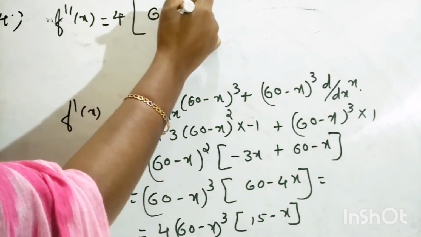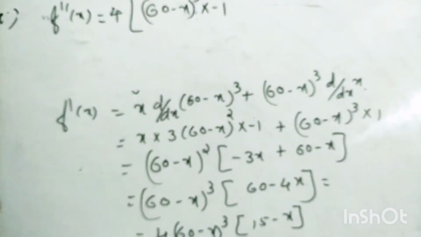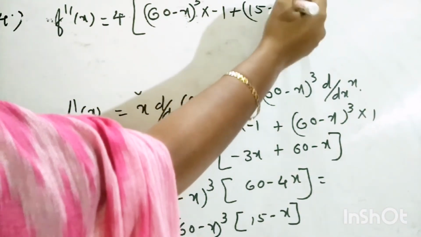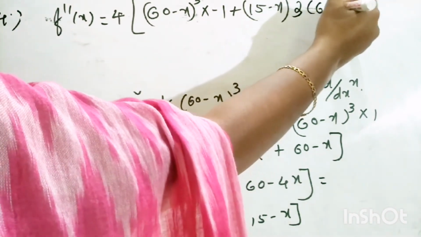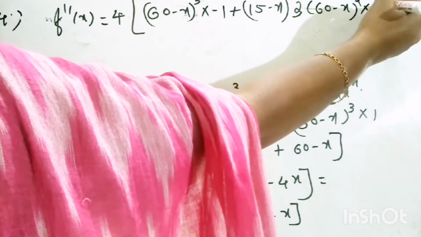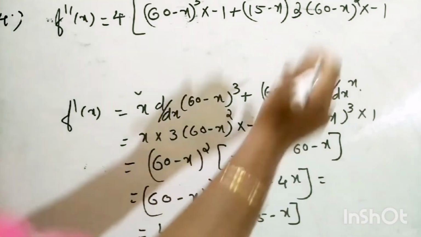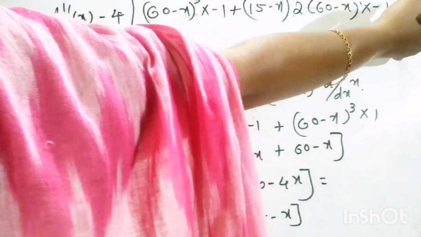So (60 - x)^3 into the derivative of (15 - x), which is minus 1, plus (15 - x) into the derivative of (60 - x)^3, that is 3 into (60 - x)^2 into minus 1. Sorry, it is square, so we will have 2 into (60 - x) into minus 1.